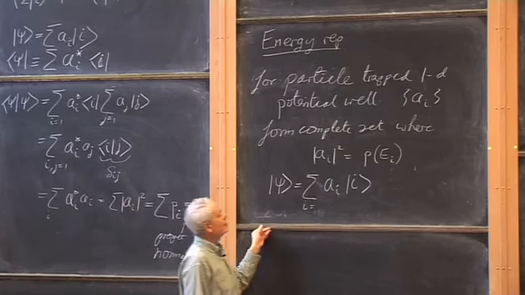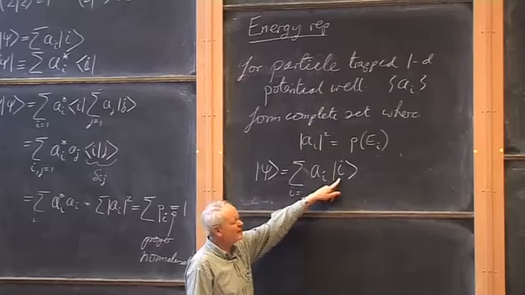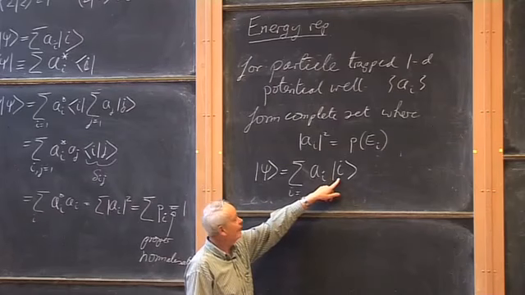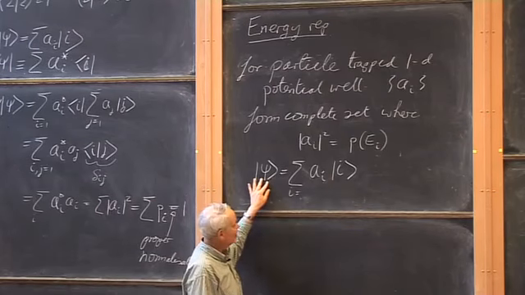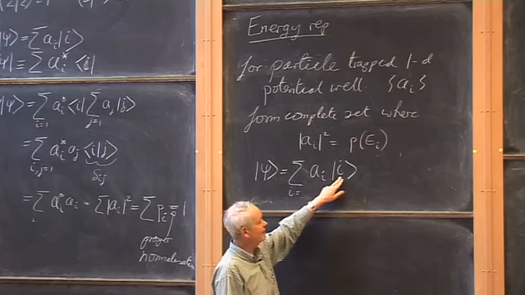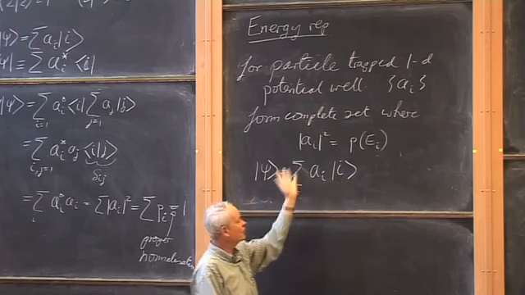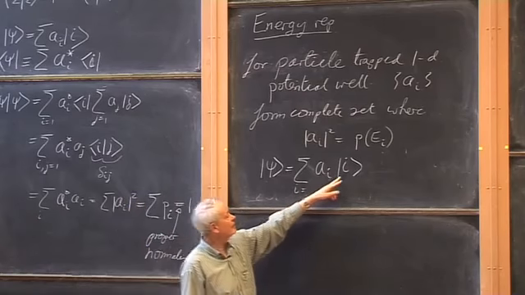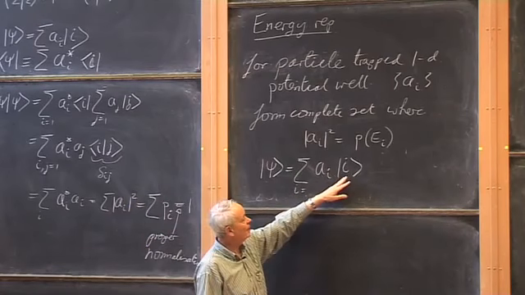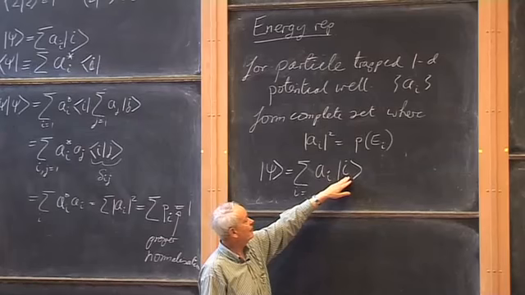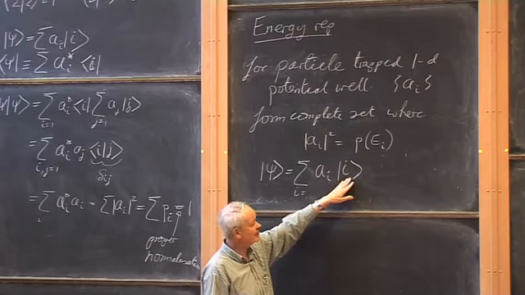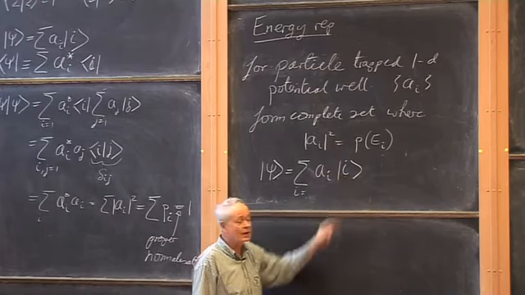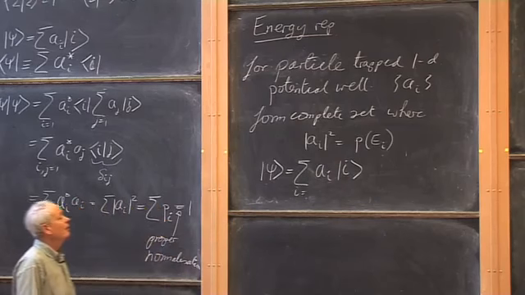And now let's ask ourselves, what's the physical meaning of these states? This is expressing my actual state of the system as a linear combination of some states of the system that we've conjured out of nowhere. But each one of these, according to our formalism, corresponds to a complete set of amplitudes. It's a state of the system. Now let's find out what these mean in this context.